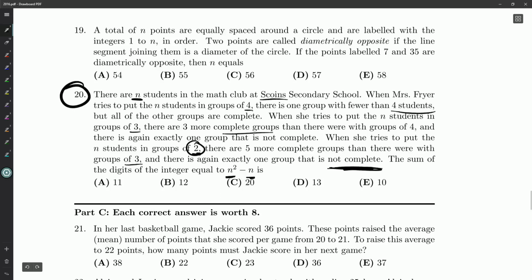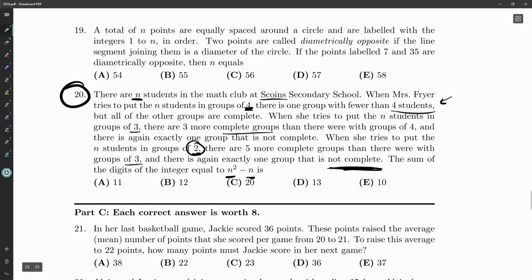I know what that remainder is going to be, whereas splitting them up into groups of 4, I don't know what the leftover amount of students is. So I think that would have been in part C on the 2016 Pascal, probably question 22 if my memory serves. But if you're looking for one way to do this question, I would recommend you go look at that.